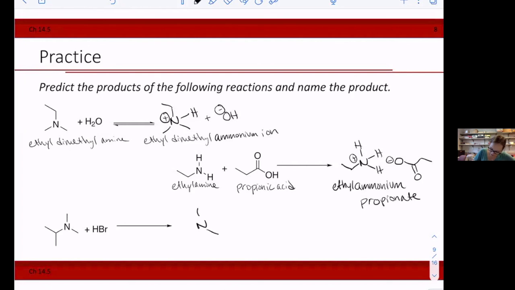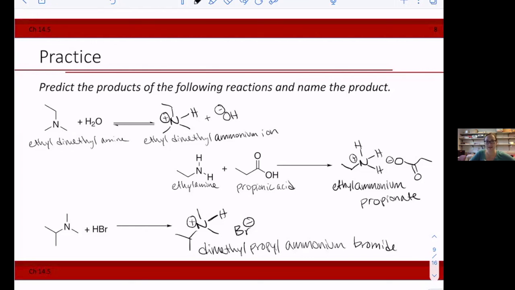We'll draw the amine the same way as we did before, add our hydrogen and our positive charge, and then our counter ion is Br minus, because that's what we're left with when we steal a hydrogen. So our name is going to be dimethyl isopropyl ammonium, and then our counter ion bromide.